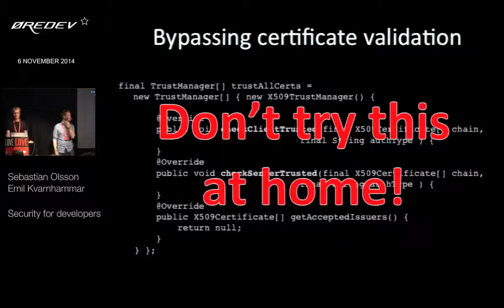Yeah, there's really no reason to do this kind of stuff, because why are you spending time implementing TLS in the first place if you're just going to disable it? Because you told us to, every time, always use TLS. Yes. But then you should also implement TLS, not bypass it. So there are much better solutions than doing this stuff.